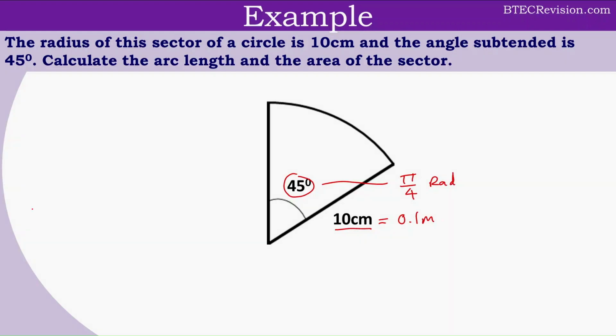Let's start by working out the arc length. We know that the arc length is equal to the radius multiplied by the angle. Now we know the radius is 0.1, and we can multiply that with the angle, which is pi over 4. So that's equal to 78.5 millimeters.